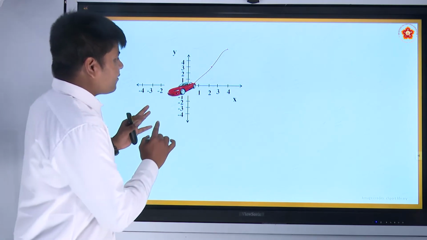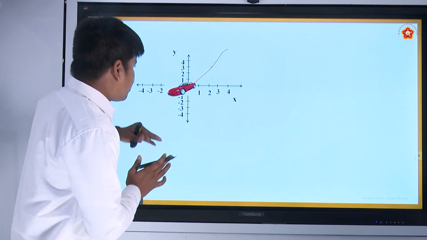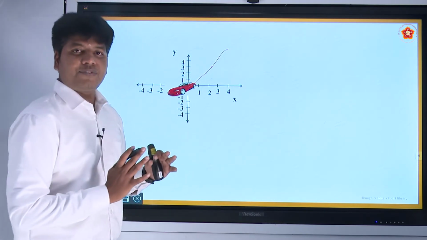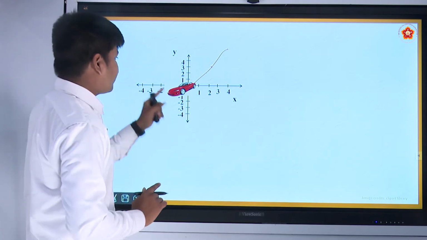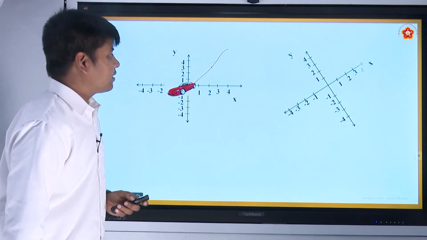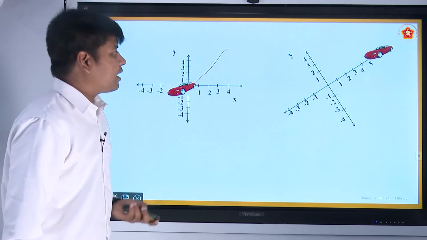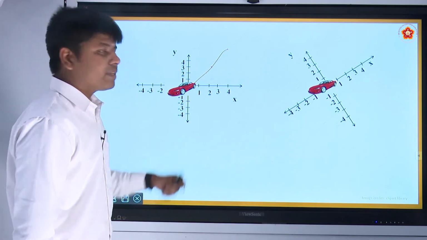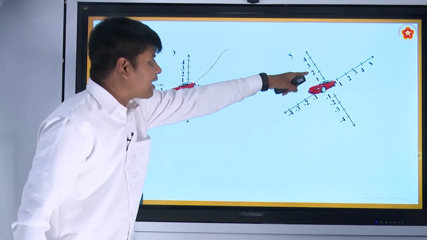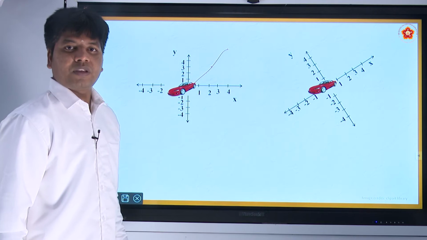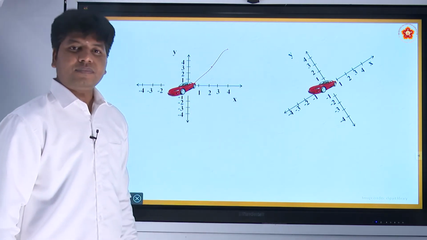Now to make our job easy, what shall we do? We shall rotate the axis in such a way that the motion of the car is parallel to one of the coordinate axes. Let us see. See, I rotated this axis. So now the motion of the car is just one-dimensional, right? Only the x values are changing as the car is moving. The y value is always 0 on the x-axis, right?